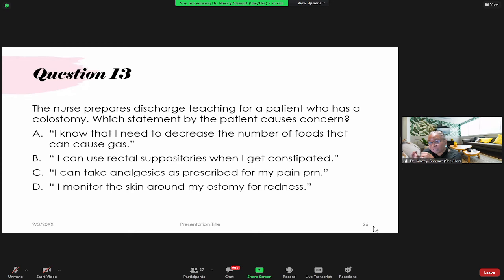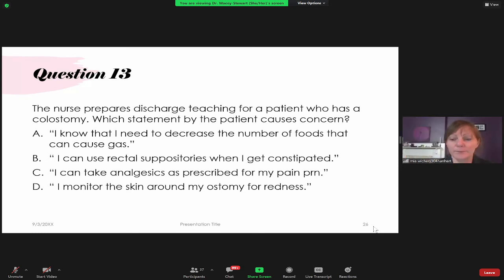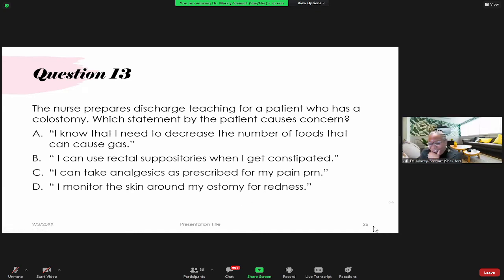Remember when I showed you the picture with the percentages of where the tumors usually form? So the colostomy will be lower down. You don't want to put anything up there because, one, they probably just had surgery. Two, it's not being used anymore because of the colostomy. And three, you can cause bleeding. Oh yeah. I'm making you think, Miss Mia.